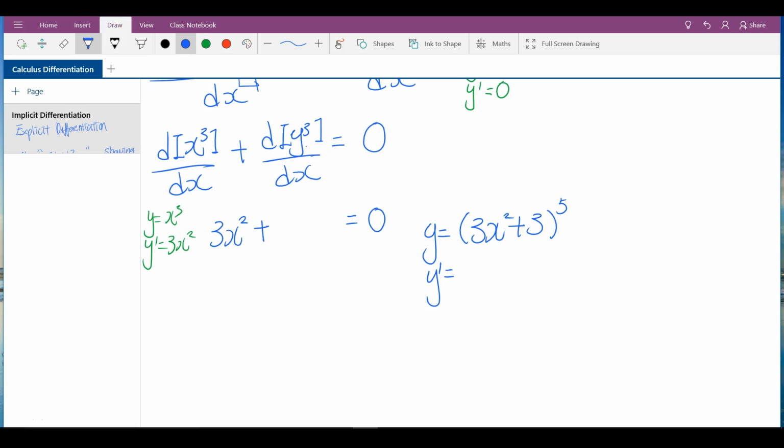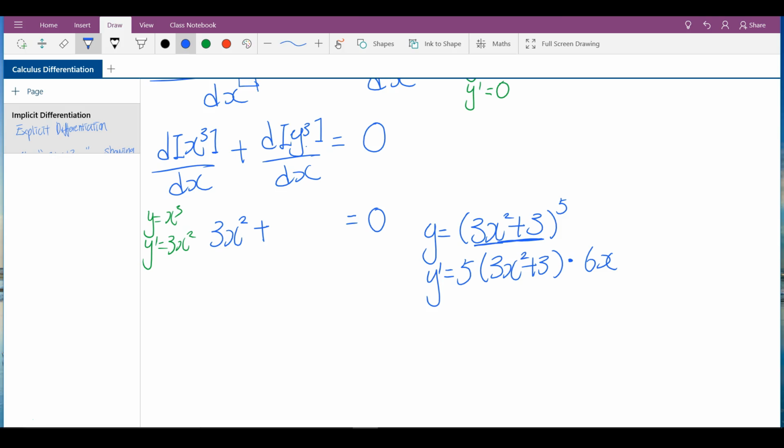So we bring the power down here. Whatever is inside the bracket doesn't change. And then at the end, we haven't finished yet, we multiply by the derivative of the inside, which is 6x.